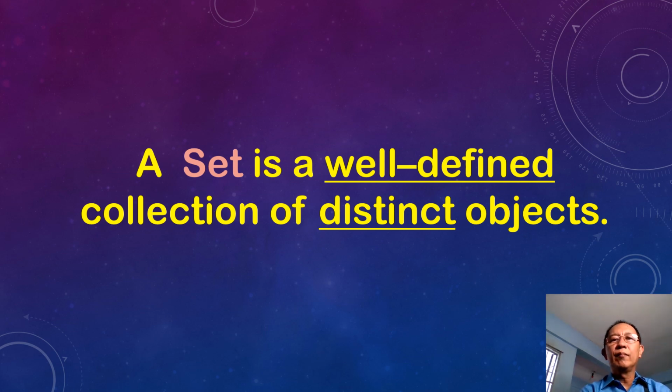And the group of things should be distinct. When we say distinct, there is no repetition of objects, and each object should be unique. So that is the definition of a set. A set is a well-defined collection of distinct objects.